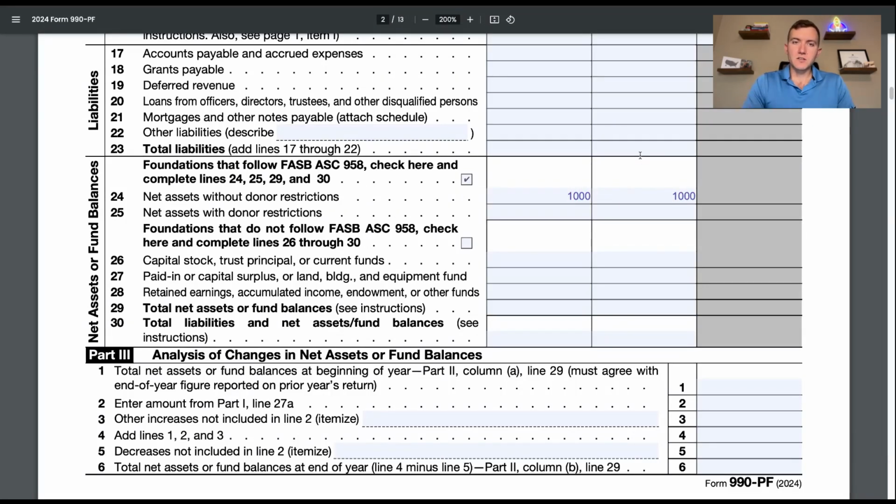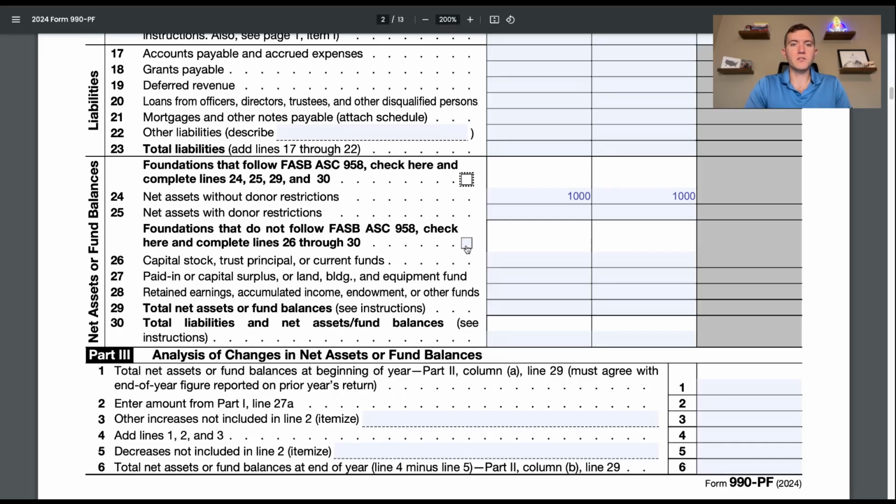Now, again, we got ourselves a little checkbox, but most foundations are not going to follow the ASC 958. It's typically only going to be for large foundations that require audited financial statements and reside in a state like California or New York. The vast majority of foundations that we work with are going to be under the section where they don't follow it, and the values will be down here. So this is an easy one to be able to tell if your return was done properly or not.